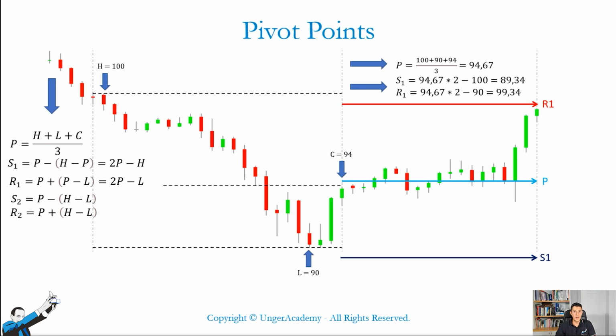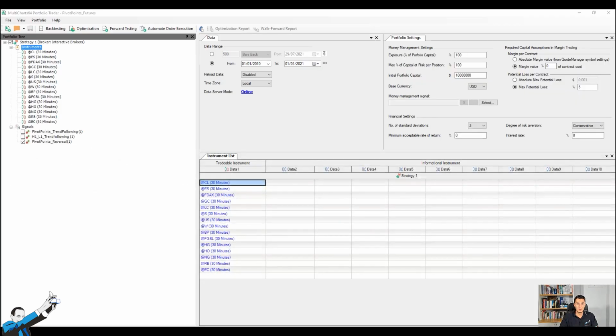The theory behind this indicator tells that when prices approach these levels, they may react and provide signals for our trading systems, both reversal and trend following. So now let's have a look at how these two types of strategies, reversal and trend following, behave on a varied futures basket to see which one is better.